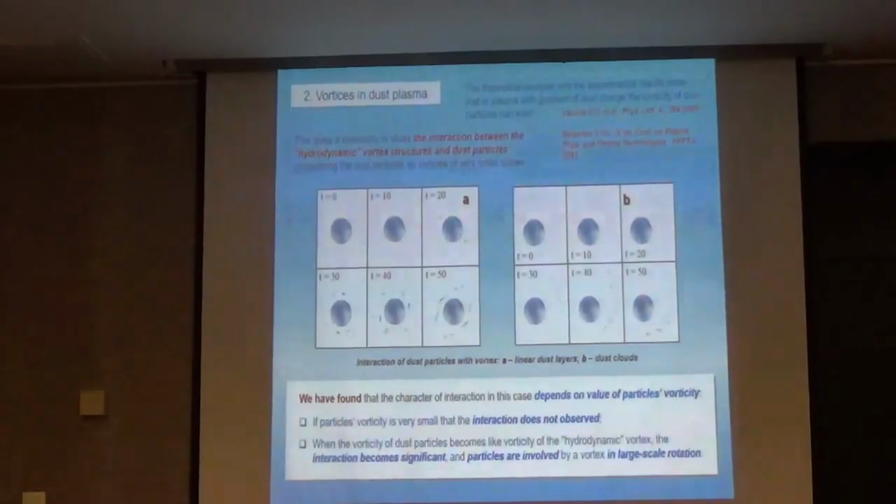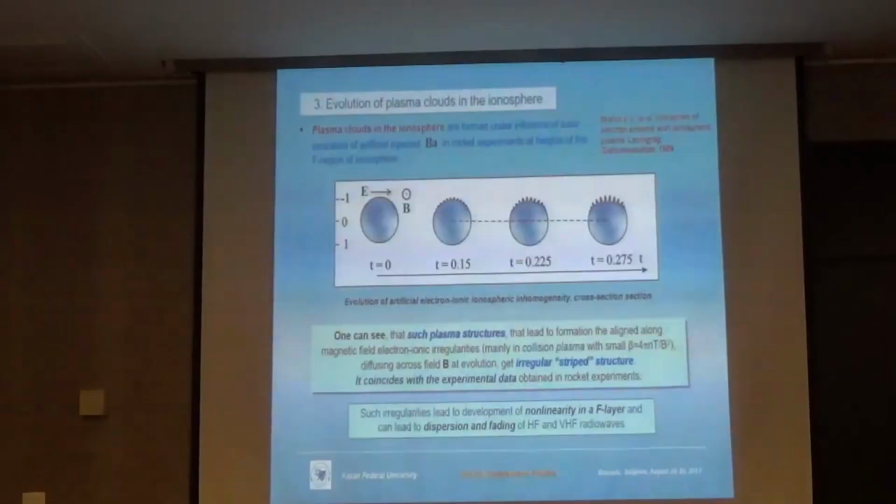If particles' vorticity is very small, then the interaction doesn't develop. When the vorticity of dust particles becomes like vorticity of the hydrodynamic vortex, the interaction becomes significant, and the particles are involved by a vortex in large-scale rotation. You can see in these pictures.